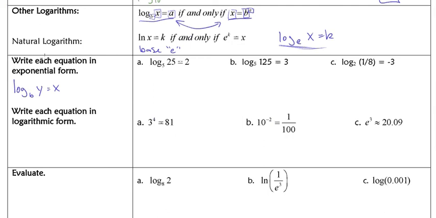So base b, well, that part's hopefully straightforward enough. We know what a base of an exponent looks like. That's just our number that's being multiplied over and over and over. Now remember, logarithms are to solve for exponents, so x is our exponent on that base, and it's equal to y.